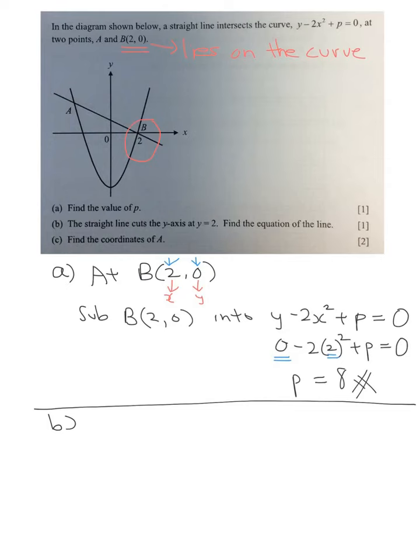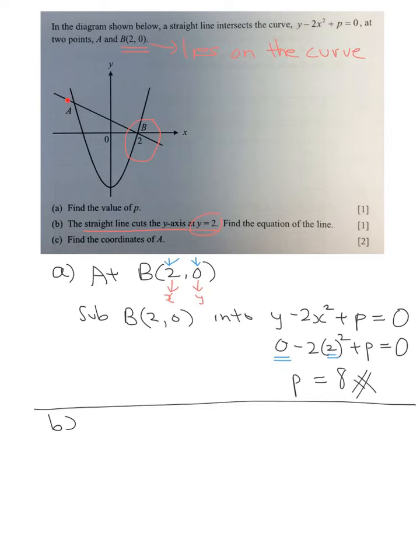In part B, there's actually a very important clue. They say that the straight line cuts the y-axis at y equals 2. We need to relate this information back to the graph. So what does it mean exactly when we say the straight line that we are talking about?